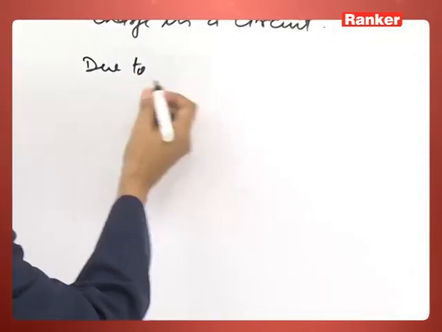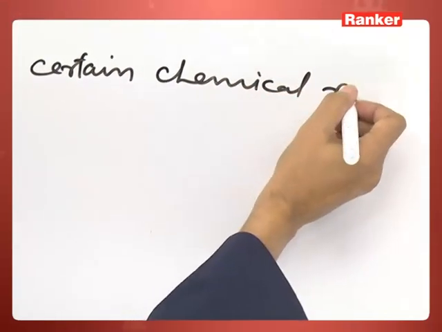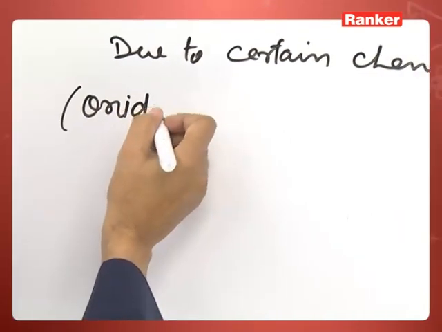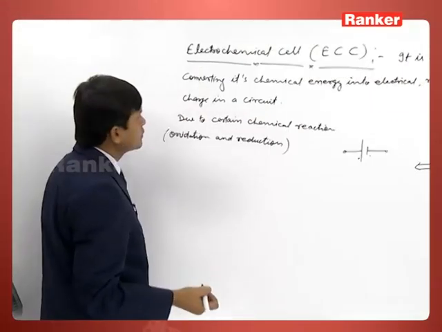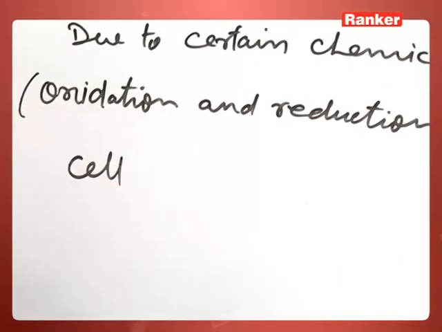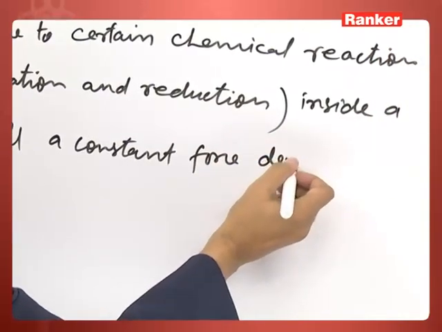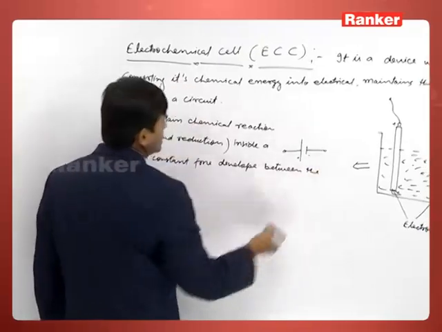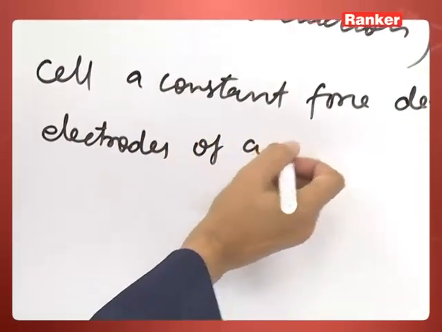Due to certain chemical reaction, oxidation and reduction, inside a cell, a constant force develops between the electrodes of a cell.